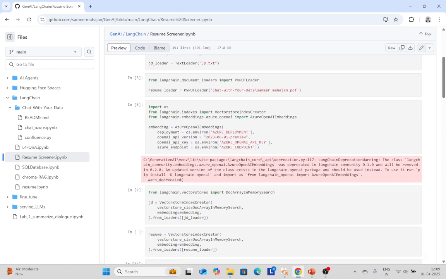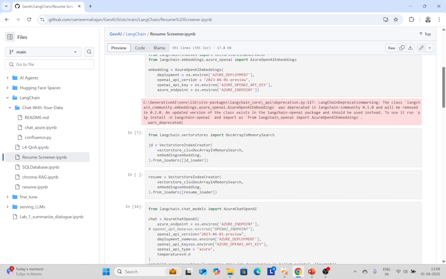For this one, the LLM that I'm going to use is Azure OpenAI. And for the RAG, I'm going to use the VectorStore index creator. I create the embeddings using Azure OpenAI, then from the vector stores, I use the Docker in-memory search.